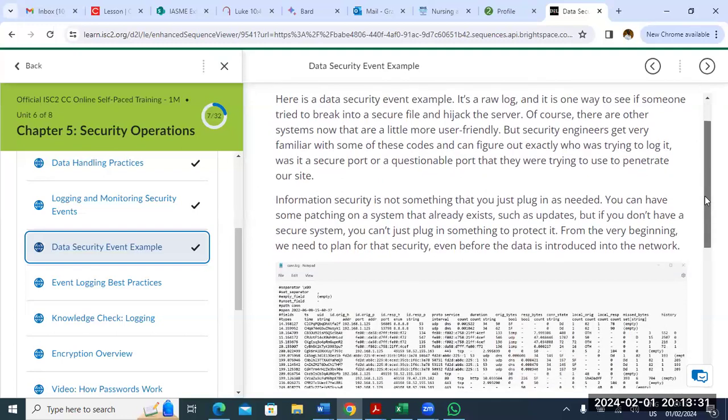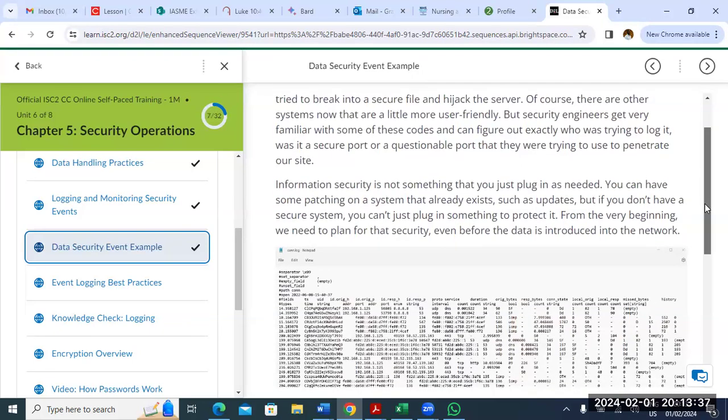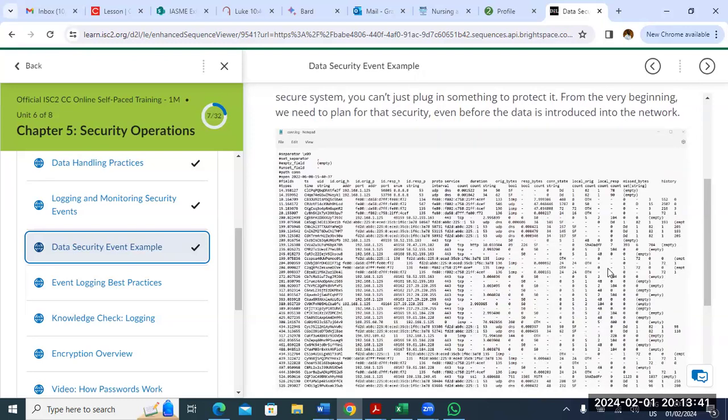Was it a secure port or a questionable port that they were trying to use to penetrate our site? Just the same thing like what we have seen before, just giving an example of how the event looked. So being able to interpret all these things and the basic technologies around it can also help us a lot.